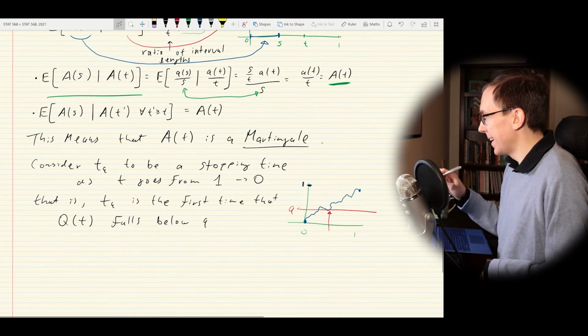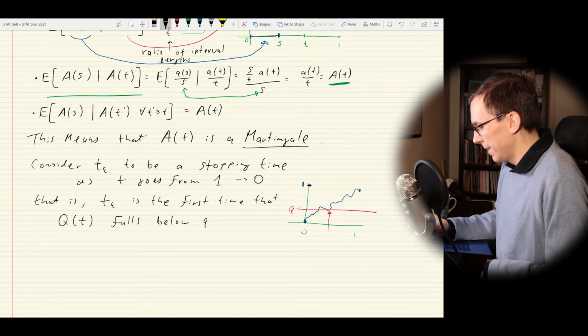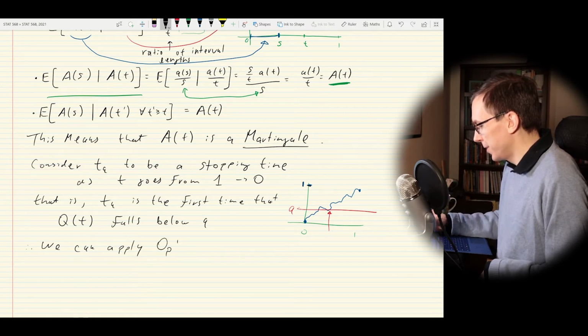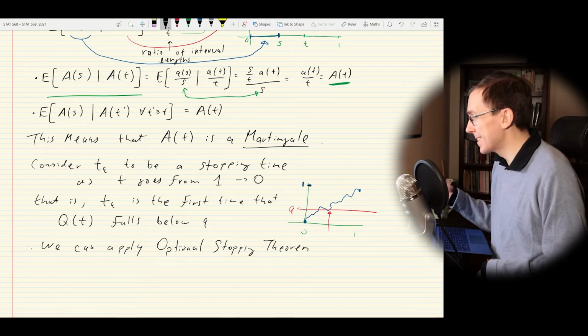Anyway, given all of that, what does that mean? Well, therefore, we can apply a fairly powerful theorem called the optional stopping theorem, which is a pretty cool tool when it comes to working with martingales.